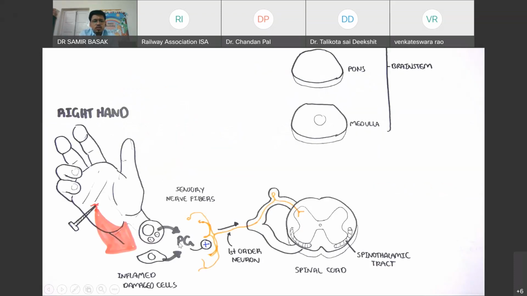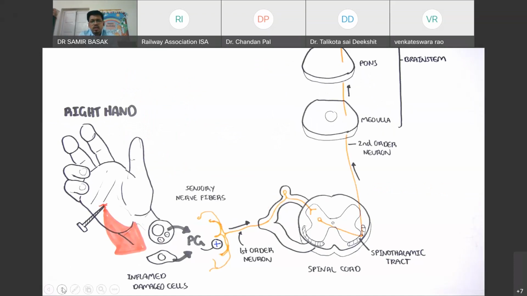So when inflamed cells release prostaglandin, the first order neuron carries the sensation, and the first order neuron ends here. Next comes the second order neuron. It crosses to the contralateral side, so pain on this side is received by the opposite side of the brain. It crosses as the spinothalamic tract.